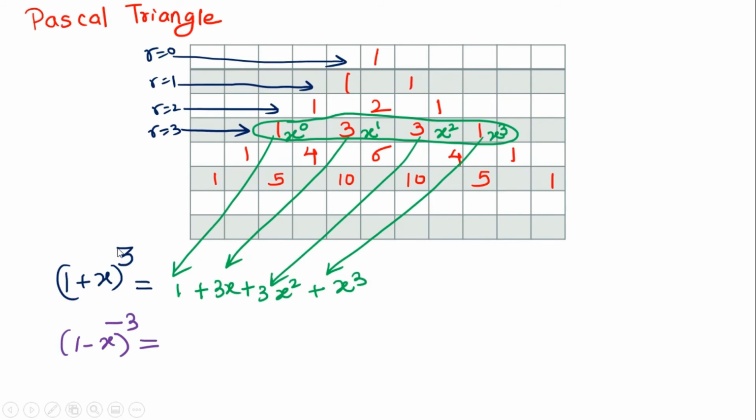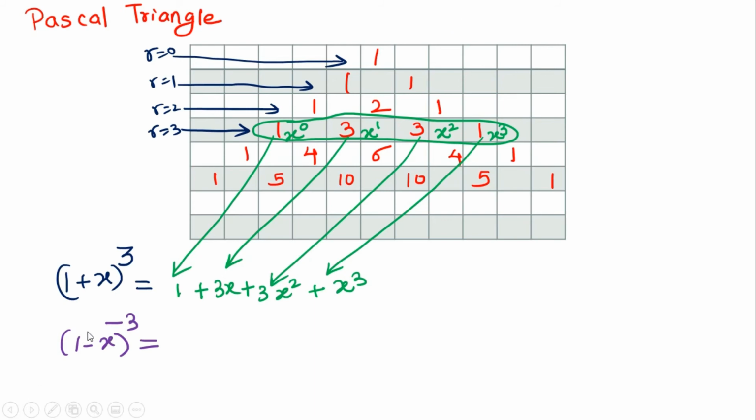For calculation of positive power, we always consider the first horizontal line as the row for r equal to 0. The next horizontal row is the value for r equal to 1. The third horizontal row will have r equal to 2. In the same way, the nth horizontal row will have r equal to n minus 1.